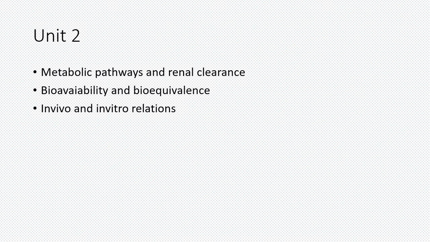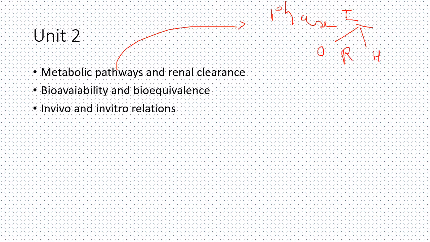In unit 2, you have to study about the metabolic pathways. There are two pathways of biotransformation, phase 1 and phase 2. In phase 1, we have oxidation, reduction, hydrolysis, cyclization, decyclization.